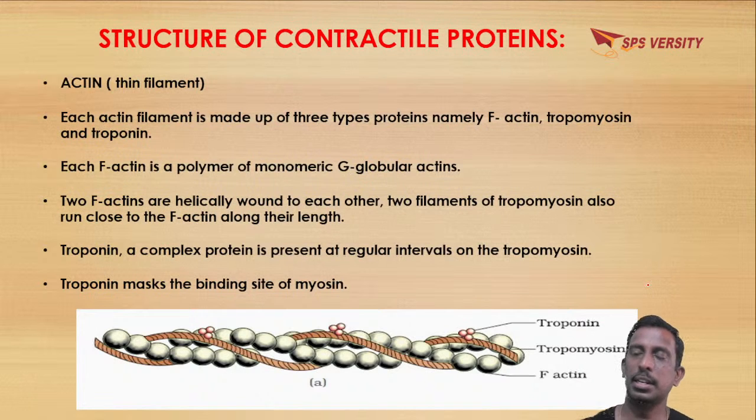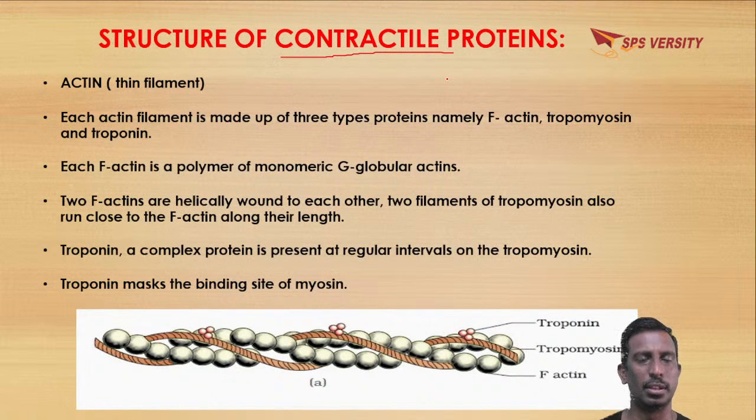These proteins are contractile proteins, which have the property of contraction. Now we are going to discuss the filaments in depth. The actin filament is made up of three types of proteins: F-actin, tropomyosin and troponin.